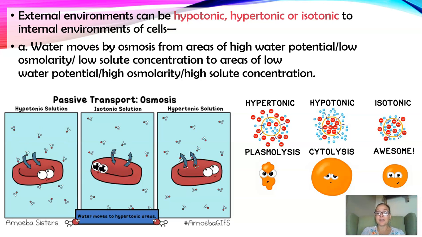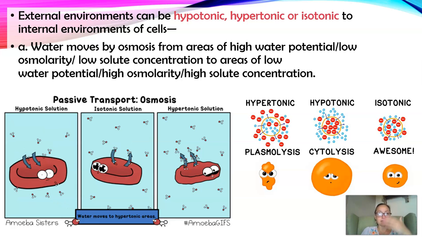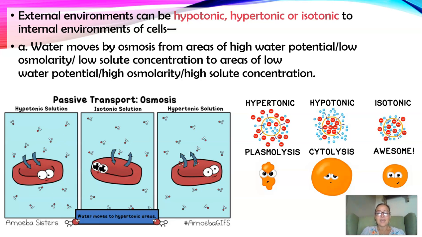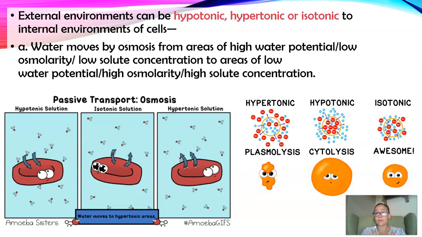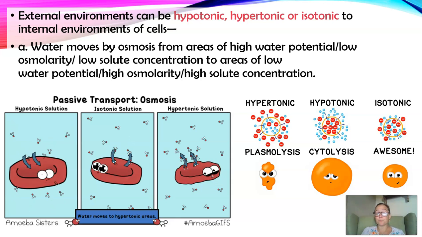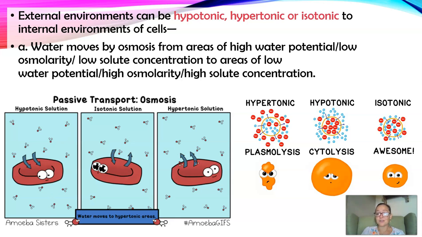When a person becomes dehydrated, they're losing water through sweat or not drinking, and so their environment is becoming hypertonic, and therefore your kidneys will try to maintain water balance, and you probably won't urinate very much.